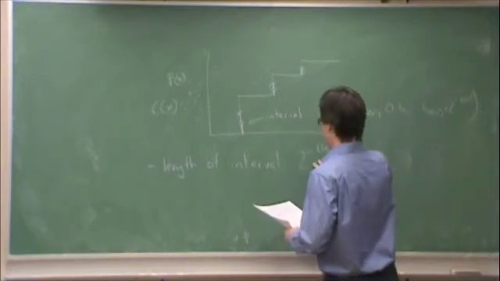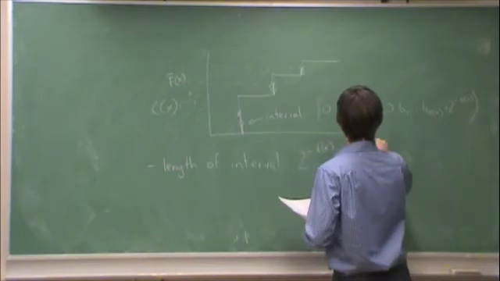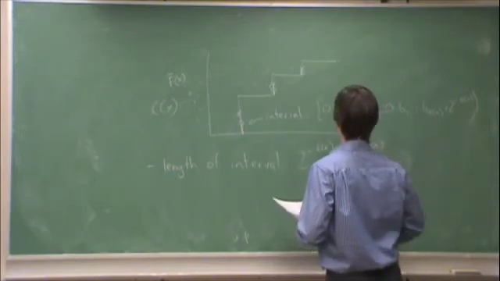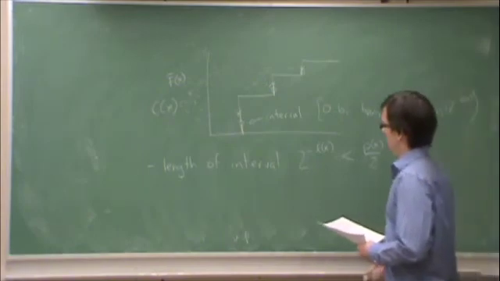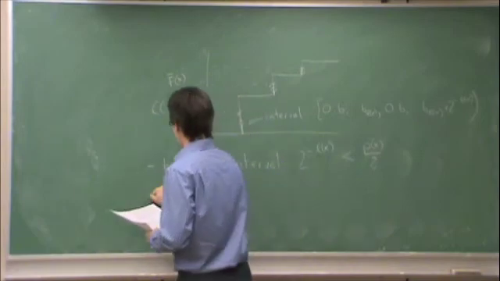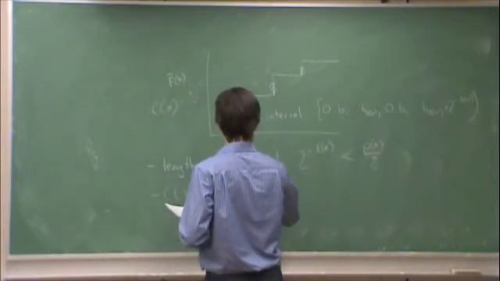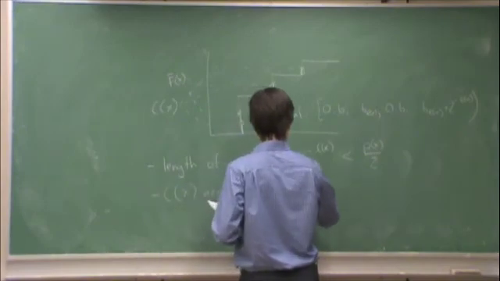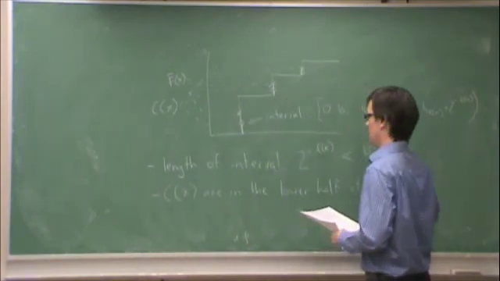So therefore, the maximum error in the quantization, which we know is less than p(x) over 2, we showed that a second ago. So we already know that c(x), the code words, are in the lower half of the vertical intervals.